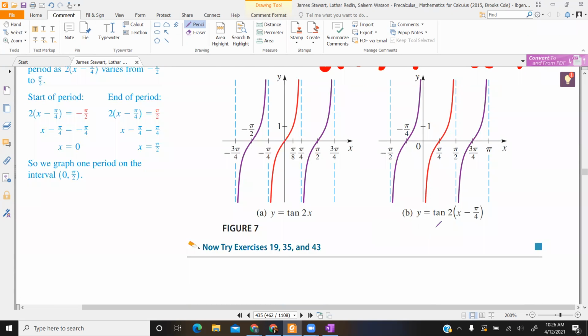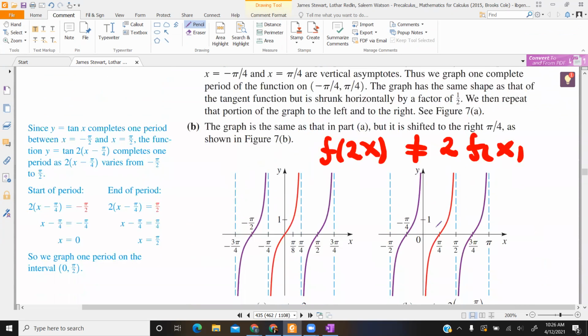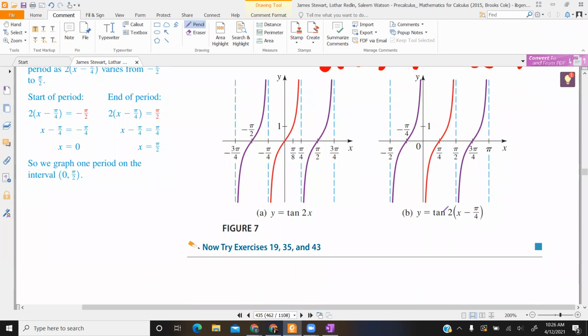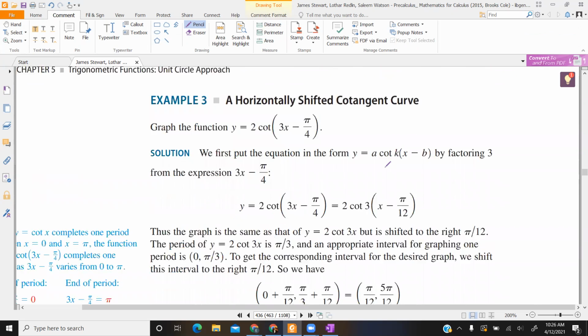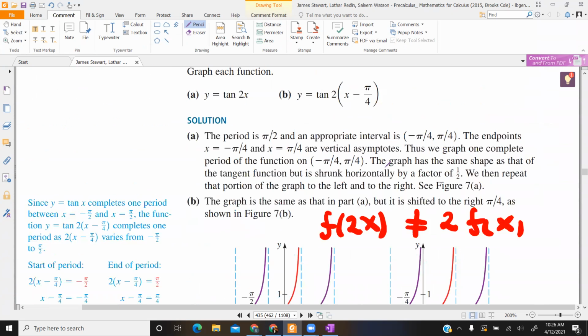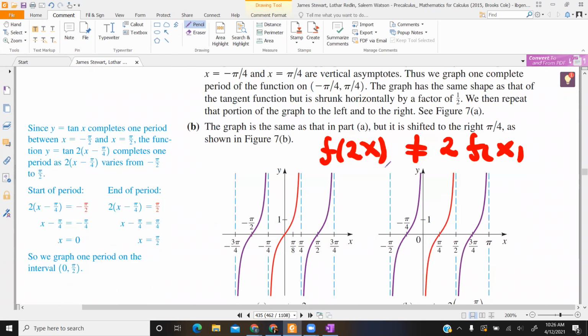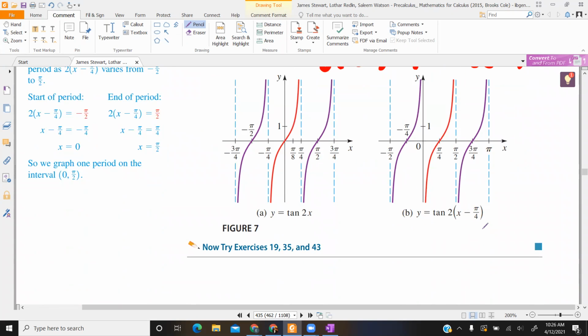And then this one is not that hard to do. The period is going to be the same, and you just graph it over basically the same interval. You just shift it to the right. Remember, when you subtract off, that means you shift to the right.